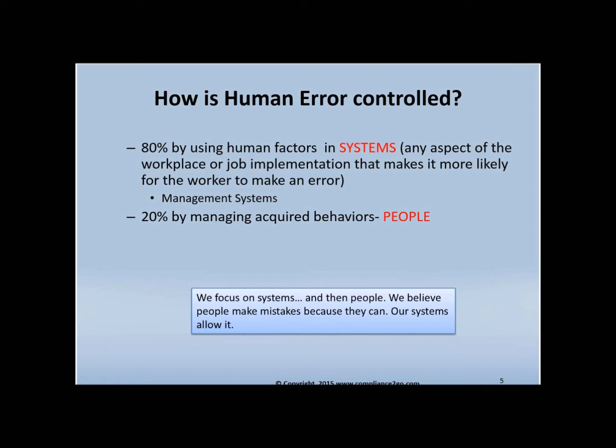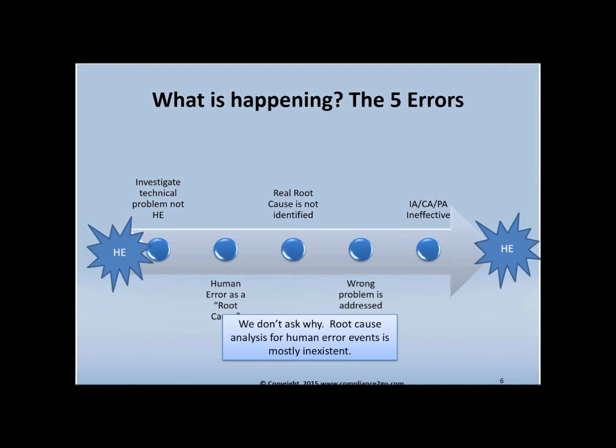So we focus on systems and then people. We believe people make mistakes because they can, because our systems allow it. So we are going to work on the conditions in which humans work so we can put together conditions that will prevent people from making mistakes.